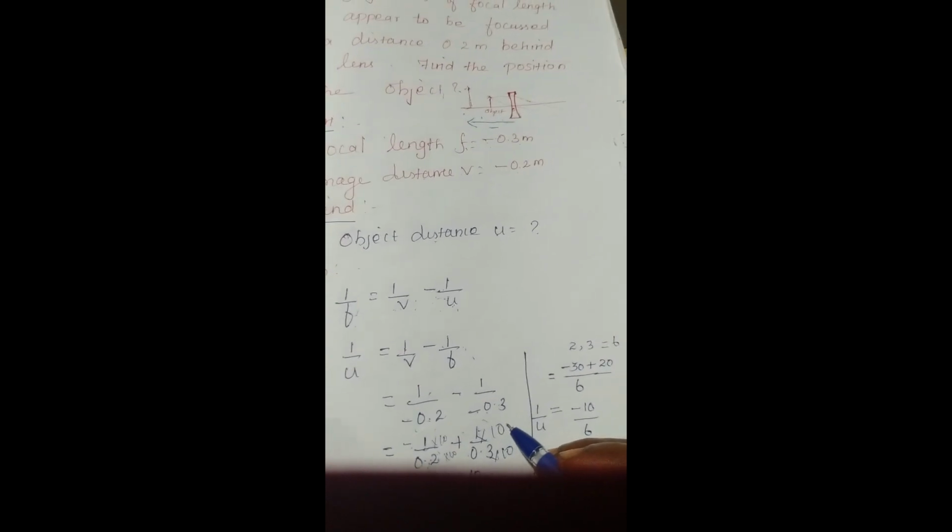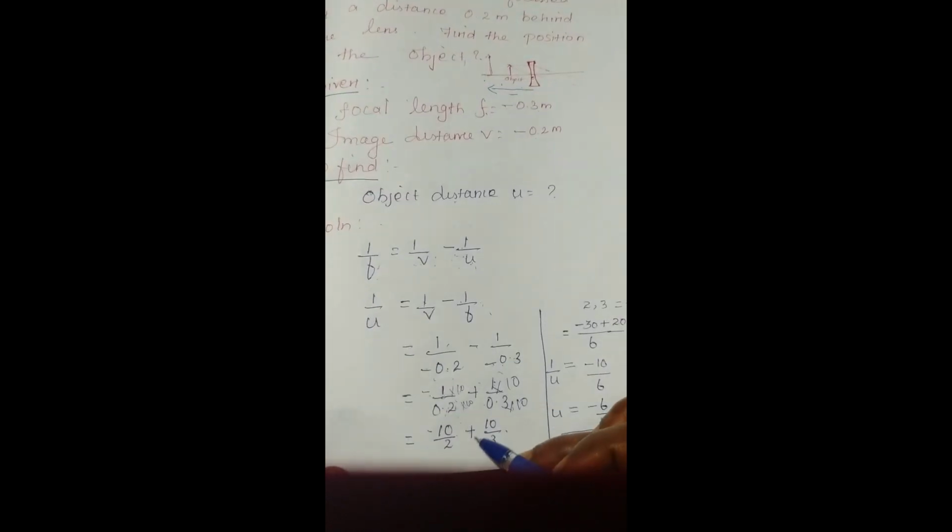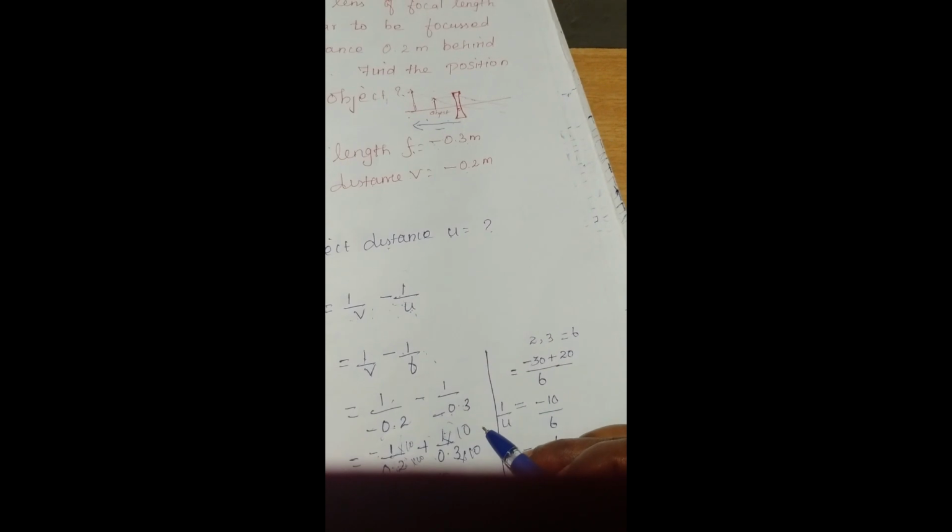Next, you have to take the LCM for 2 and 3. If you take the LCM for 2 and 3, you get 6. So 6 is the LCM.